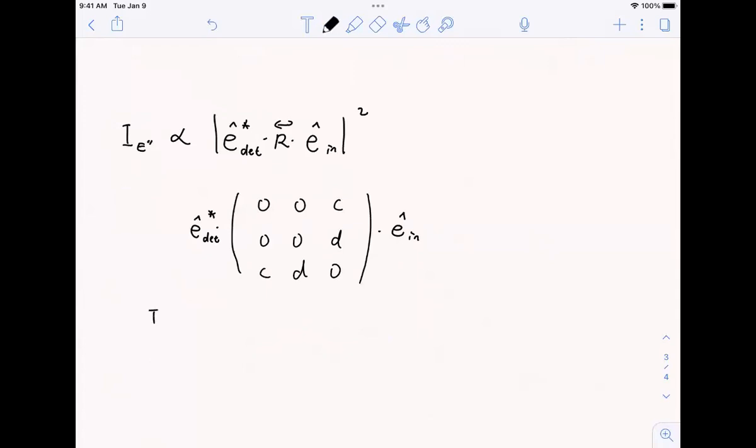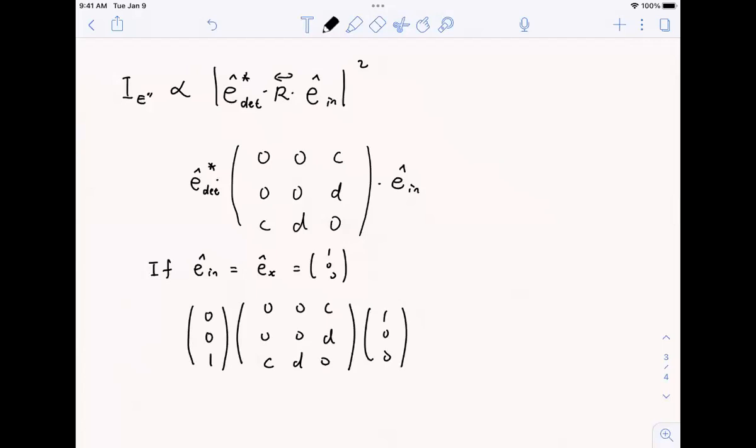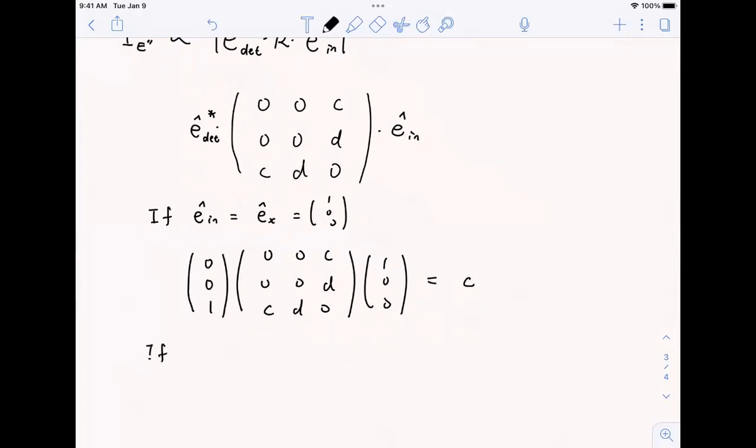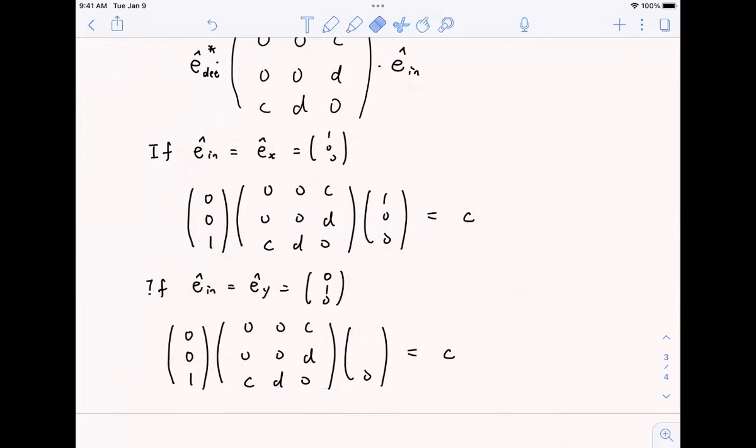You can easily tell that if E in equals EX, which is 1, 0, 0, then you need to have a 1 to make it C. And if E in equals Y, then you get this, and this will be D.